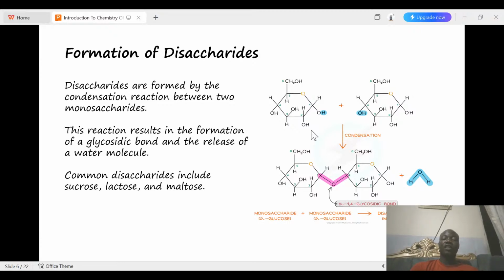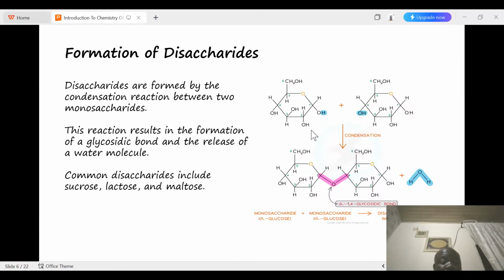This reaction results in the formation of a glycosidic bond and the release of a water molecule. You can even see clearly the water molecule that is removed. The OH group is from carbon 4 and the hydrogen is coming from carbon 1. So after the condensation, one molecule of water is removed.